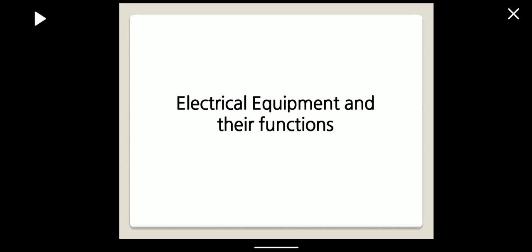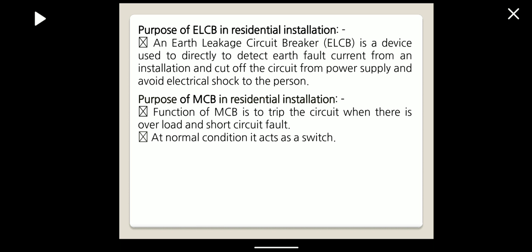Next, electrical equipments and their functions. So what electrical equipments are used to do the installation and what are their functions? First one is the purpose of ELCB in the residential installation. ELCB is the earth leakage circuit breaker.